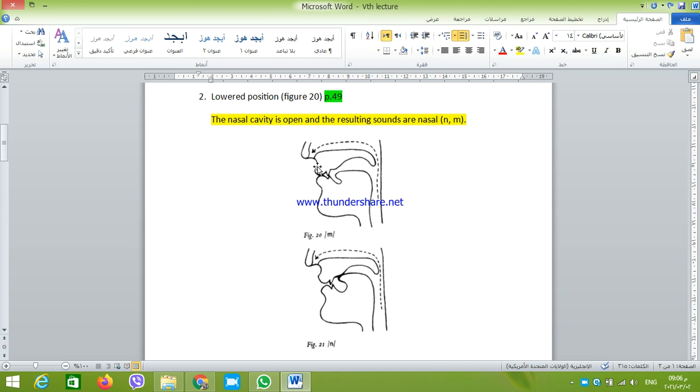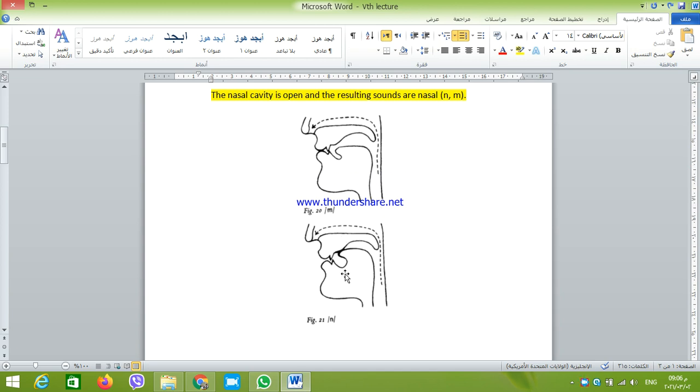Here, the oral cavity is closed by the lips, and here, the oral cavity is closed by the tip of the tongue and the alveolar ridge. This is for ne. The contact the tongue tip makes with the alveolar ridge blocks the oral cavity.